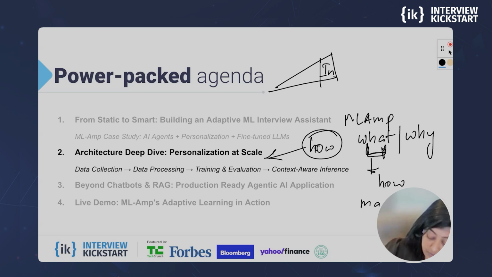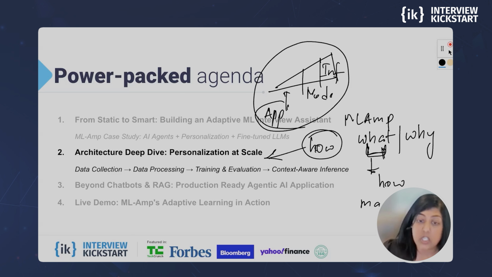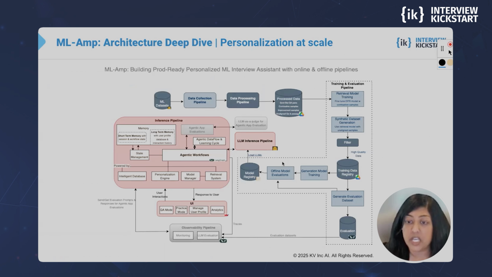This is infra, this is the model, and then this is the application layer that all need to be architected and working together to power an end-to-end system. And in the context of ML, we'll see how this has been done through the use of both a combination of offline pipelines as well as the real-time inference pipeline. Okay, enough said. Let's get into the architecture diagram.